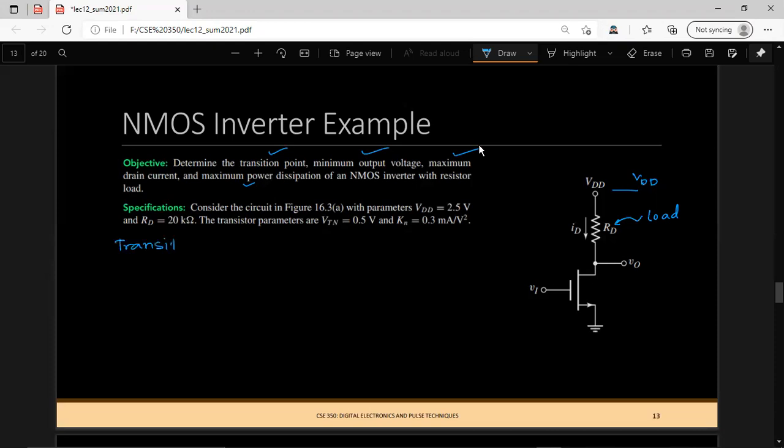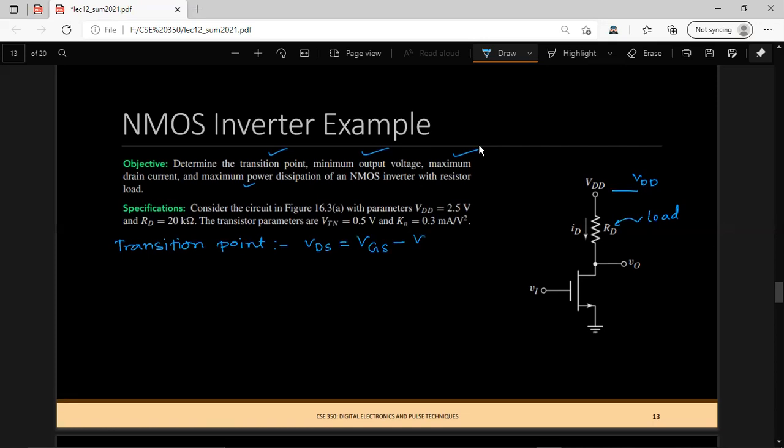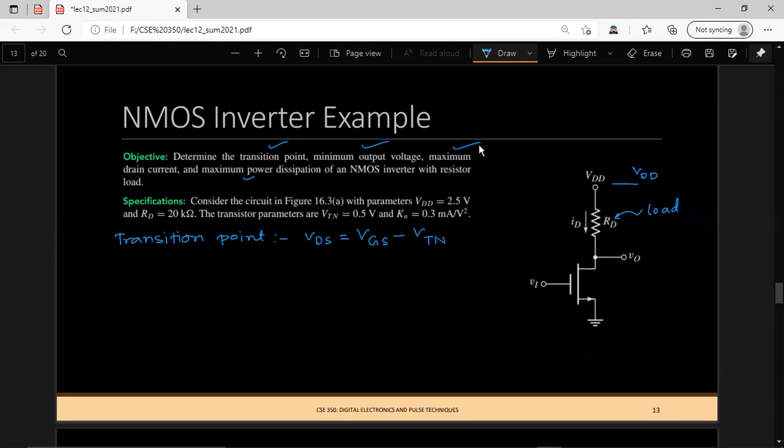So the transition point is defined as whenever VDS is equal to VGS minus VTN. So this is the drain voltage we consider as the transition voltage.